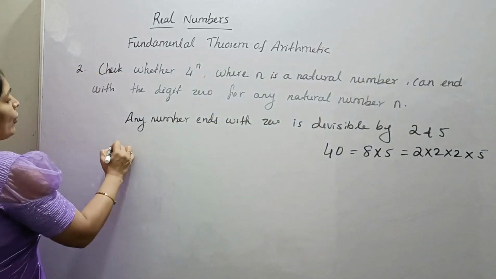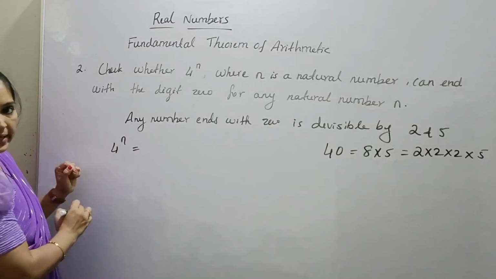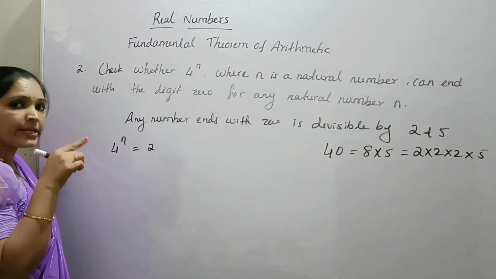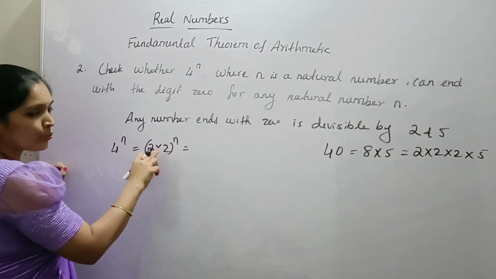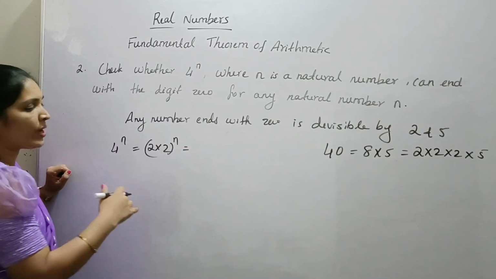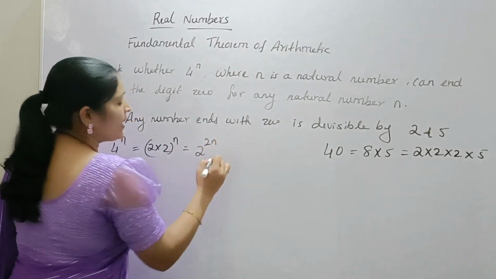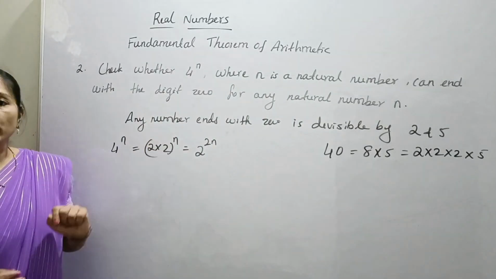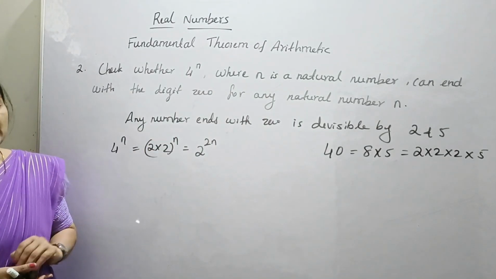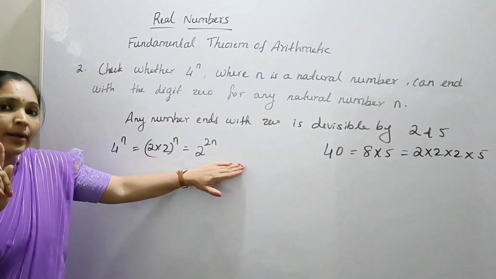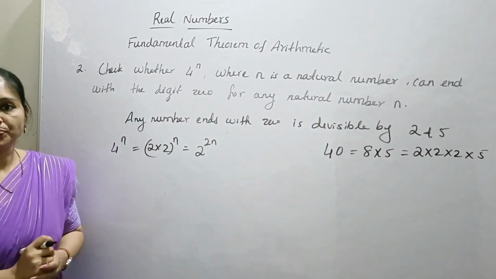Now let's take 4 raised to n. 4 can be written as 2 into 2, right? So (2 into 2) whole raised to n. 2 into 2 is 2 square. (2 square) whole raised to n is 2 raised to 2n. That is, 2 raised to 2n means 2 into 2 into 2 and so on, 2n times. So there is only one prime factor, that is 2.